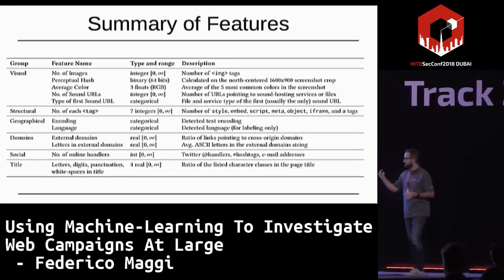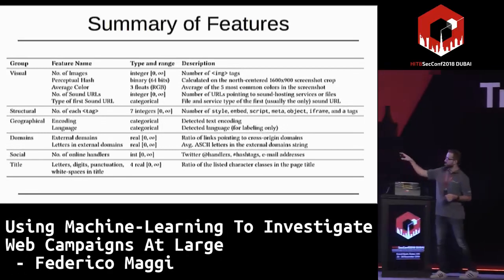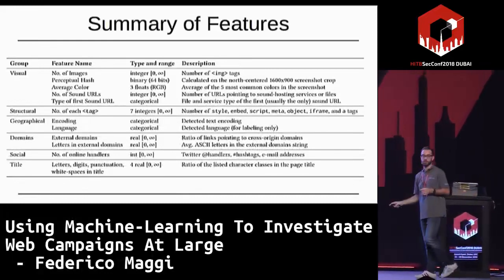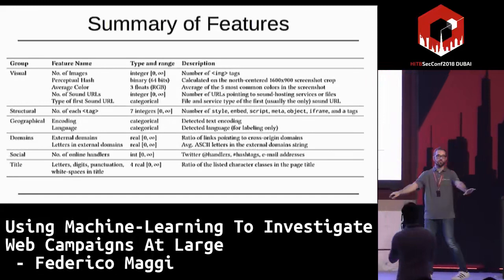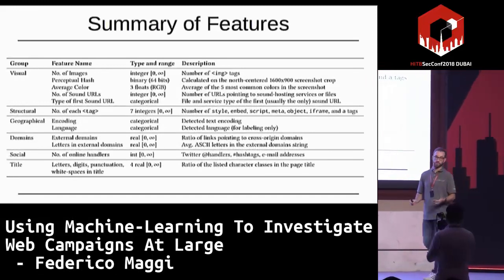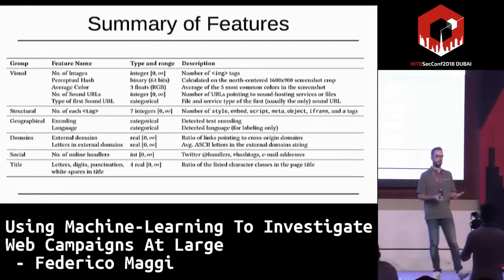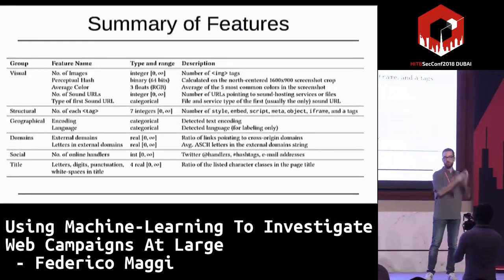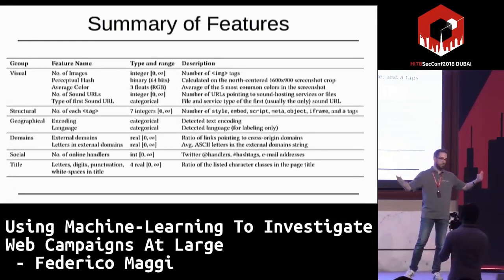One thing I want to clarify is that, as you may have noticed, there are some categorical features. Most of them are numeric, which means you can use them straight in your machine learning pipeline. Some of them are categorical. So how do you convert them into numbers? You enumerate all of them. Let's say that you have 4 categories.